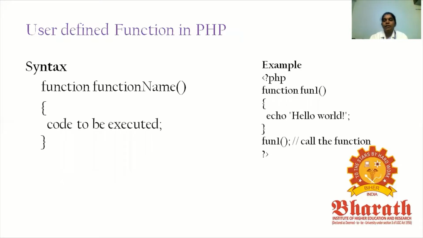In PHP, the function keyword is used, followed by fun1. In the example, fun1 is the function name. Inside the function, we have only one statement, echo hello world. And we invoked it outside of the function. First, we defined the function, then invoked it, which means a function call.